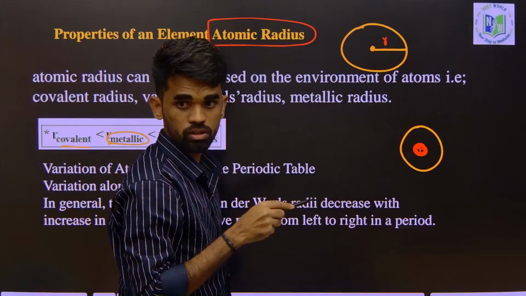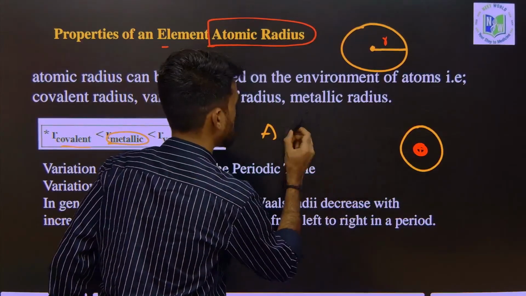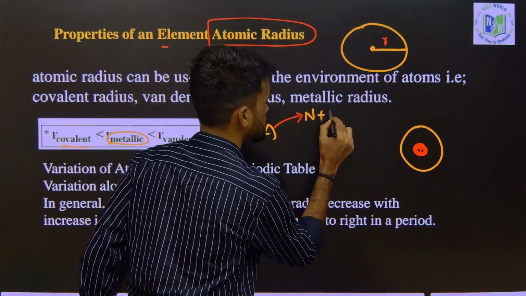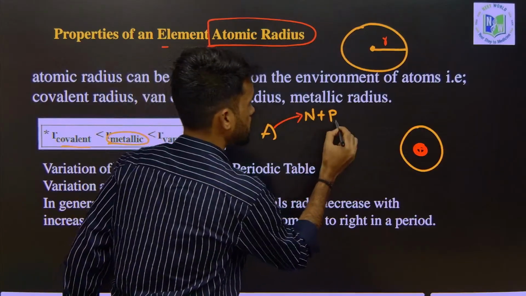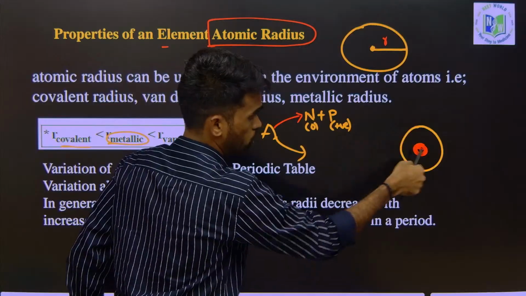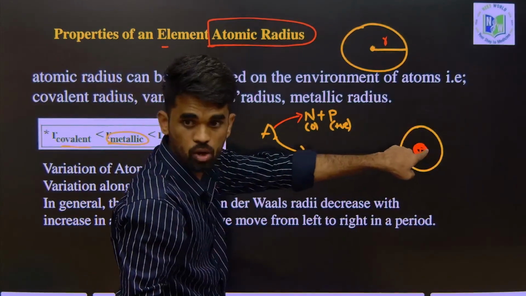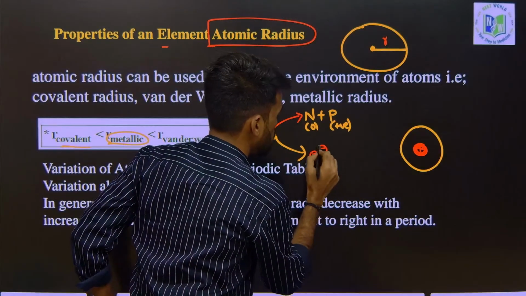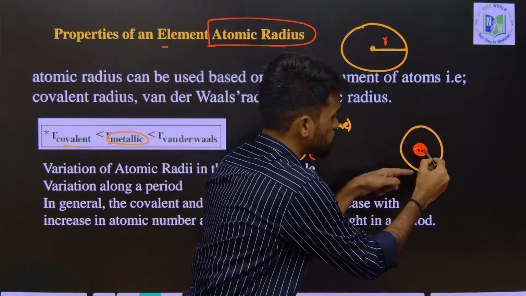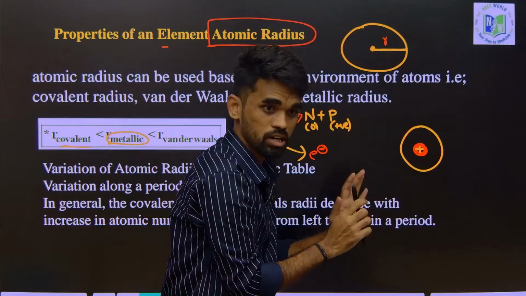What I am saying now? Electron clouds. So atom center part contains, this red color represents what? Nucleus. Nucleus contains neutrons plus protons. These are positive charge, these are no charge, and around these protons we have electrons, that is what electron cloud I am saying. So now electrons will be having negative charge, we know this. Now around this nucleus, electrons are revolving, that is what electron cloud I am indicating.